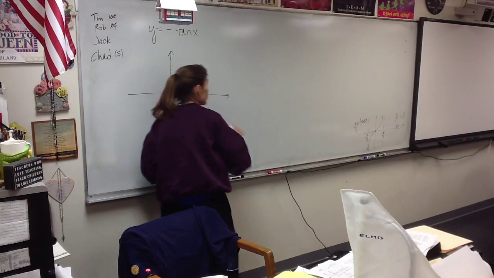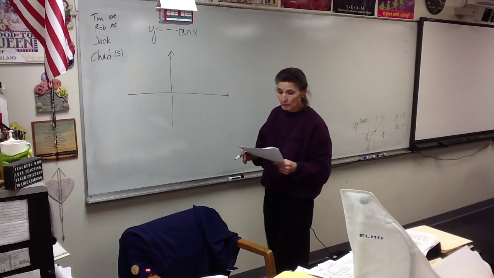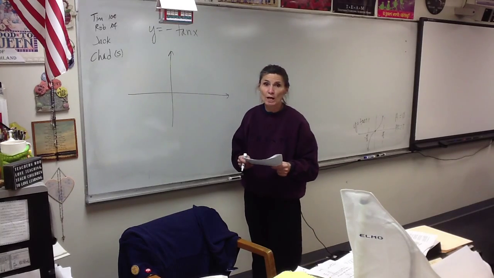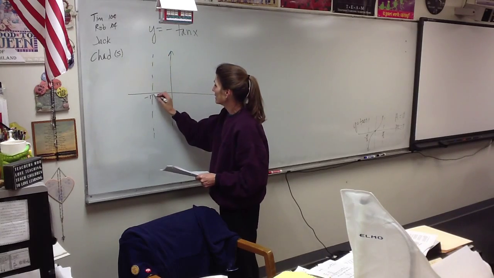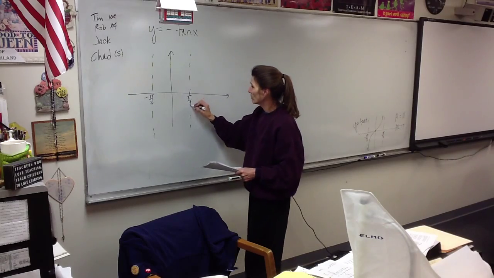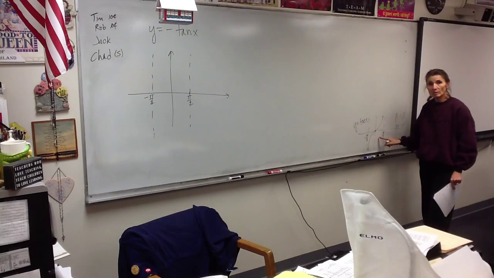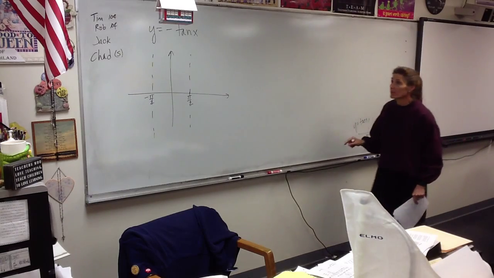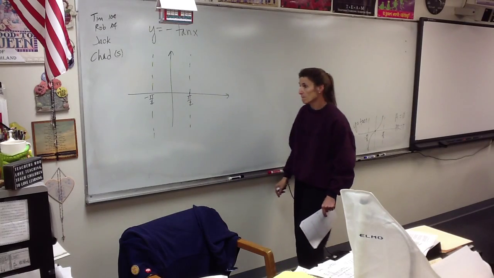Now, there are no numbers stuck in the problem. That means absolutely no labels will change. So I'm still going to have an asymptote at negative pi over 2 and another asymptote at positive pi over 2. Do not be confused. No labels have changed because you didn't put any numbers into the problem.